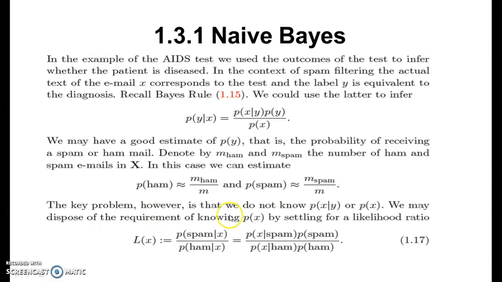So the key problem, however, is that we do not know P of x given y or P of x. So we may dispose of the requirement of knowing P of x by settling for a likelihood ratio. So for the likelihood ratio, the equation would be L of x equal to P of spam given x by P of ham given x, which is equal to P of x given spam times P of spam, by P of x given ham times P of ham.